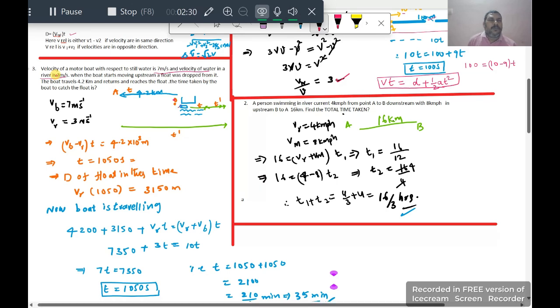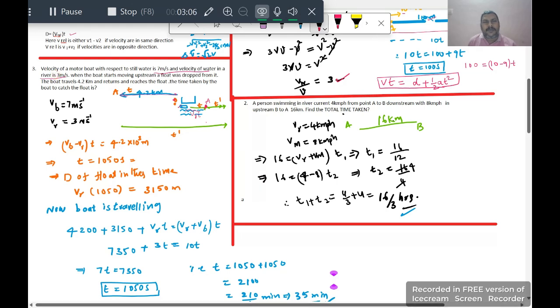The boat travels 4.2 kilometers upstream. In this time, how much time is taken to travel upstream, opposite to the river velocity? In the same time, the float has traveled to the point A along with the river.